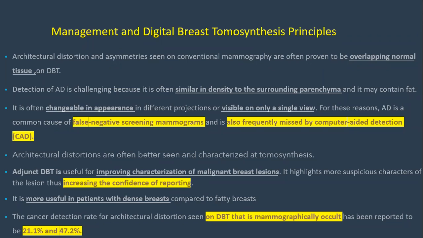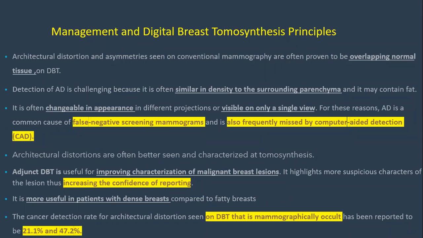And as you know, architectural distortion is challenging because sometimes it might have similar density to the surrounding parenchyma and might contain fat. But still, as we described before, cancer can appear like this, especially lobular carcinoma. Also, as we have seen in a lot of examples, invasive cancer can appear as architectural distortion on 2D due to overlapping structures. When doing tomosynthesis, the underlying mass appears.